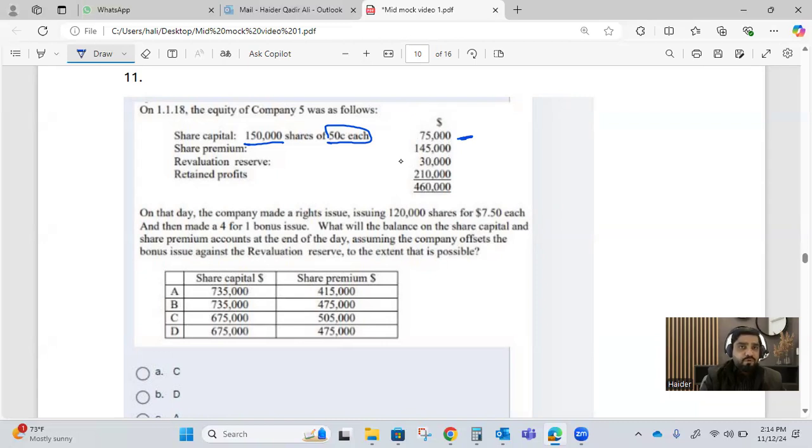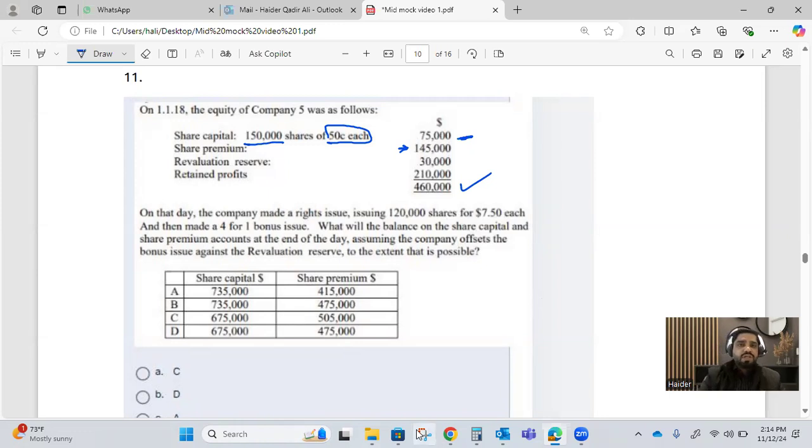Share premium, which was the result of issuance of shares at more than par value, was 145,000. Then revaluation reserve, then we have retained earnings, and collectively we have owner's equity of 460,000 dollars. On that day, the company made a rights issue, issuing 120,000 shares for 7.5 each.